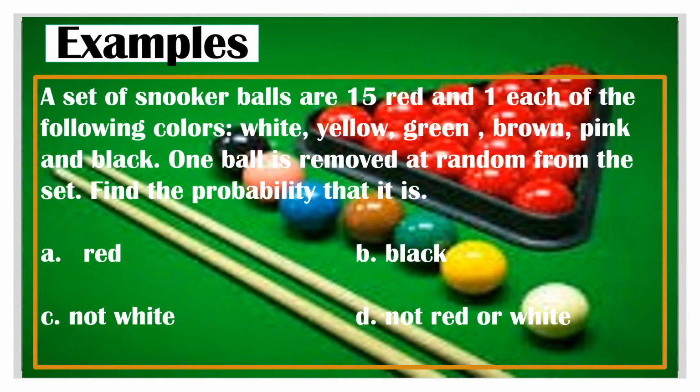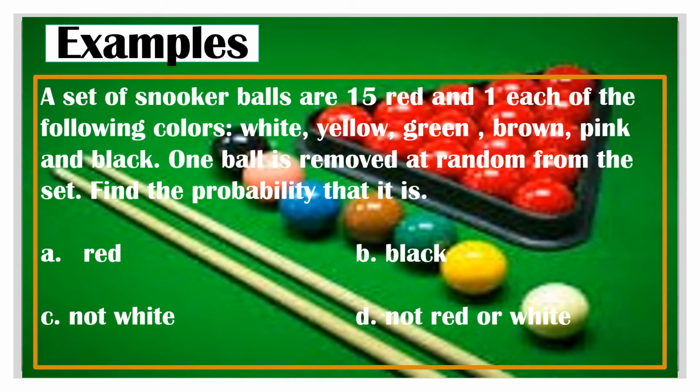First example. A set of snooker balls are 15 red and 1 each of the following colors: white, yellow, green, brown, pink, and black. One ball is removed at random from the set.